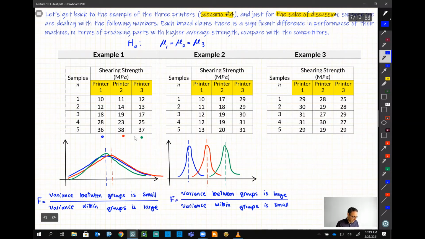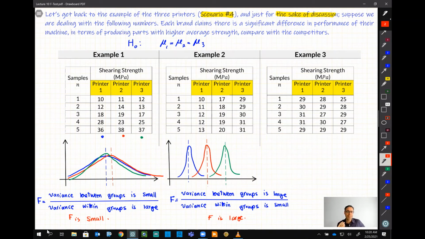So what we'll notice then is in example number 1, variance between groups is small, so this is a small number divided by a very large number. F is small, here f is large. So here you have it. This is the f test.